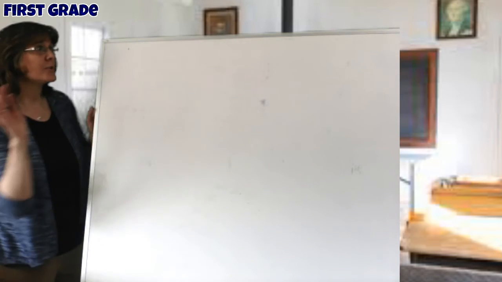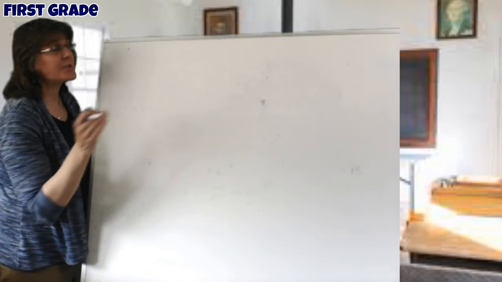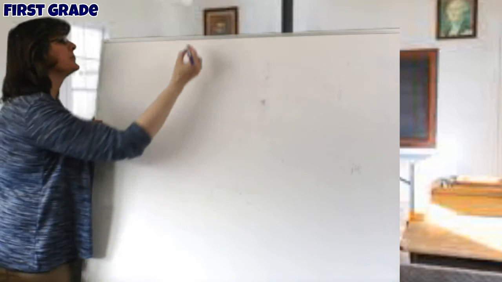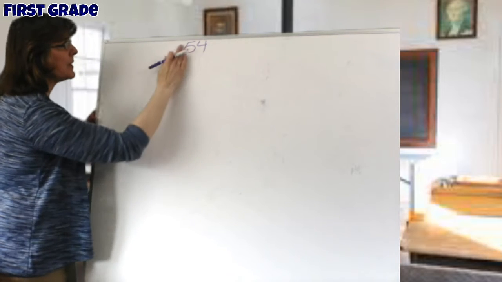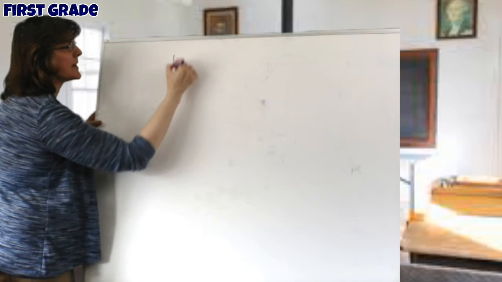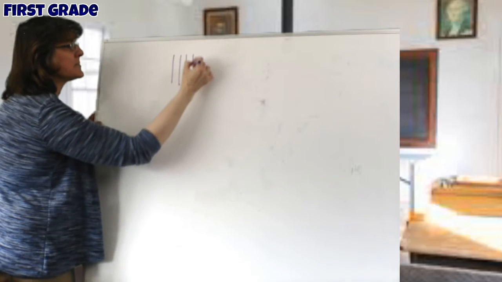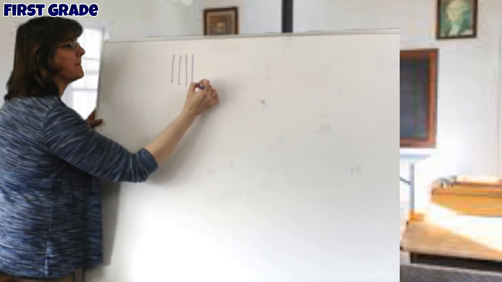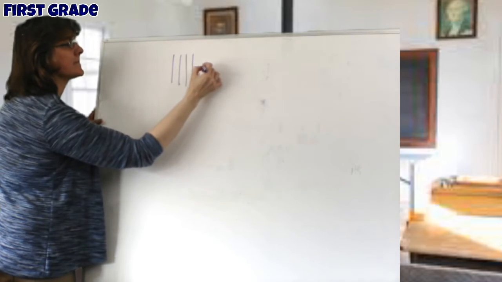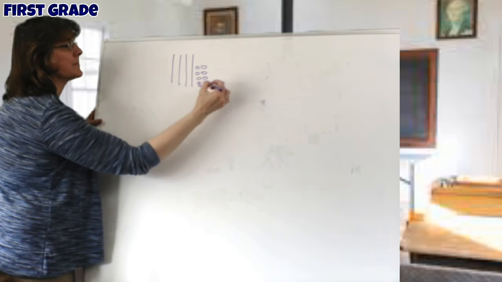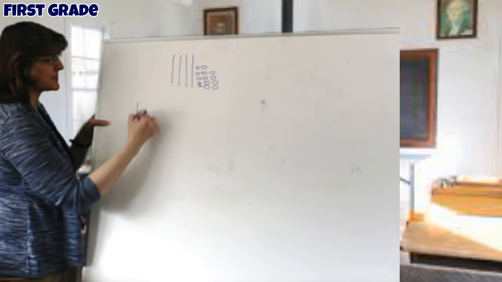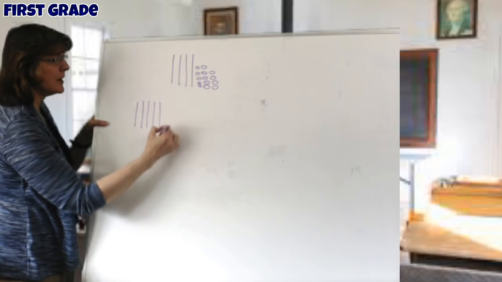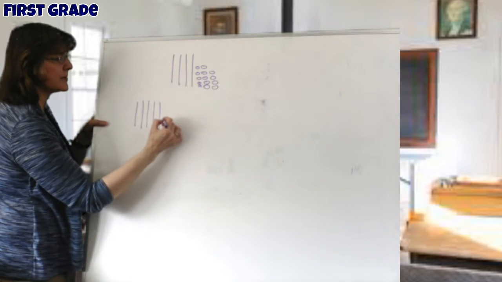Now, this is a tricky one. We have to show different ways to show the same number. So let's say I have the number 54, but let's pretend I didn't know that yet. And I had this picture up here. And then down below over here, I have some choices, and I need to see which ones are correct.